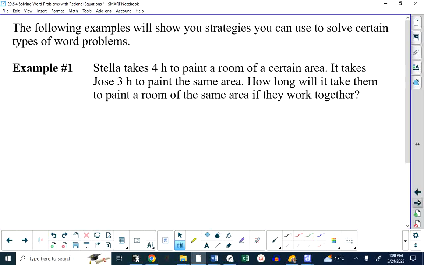So what we're going to be doing in order to solve this is we're going to be looking at a rate. A rate at which a job is done is always measured with respect to time. Okay? So, for example, the rate at which I spend money during the month would be so many dollars per day.